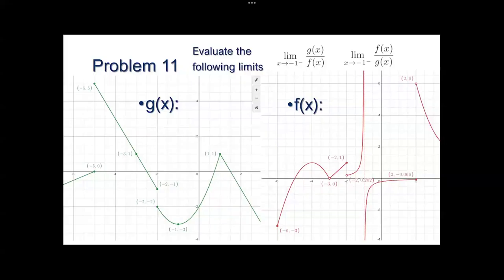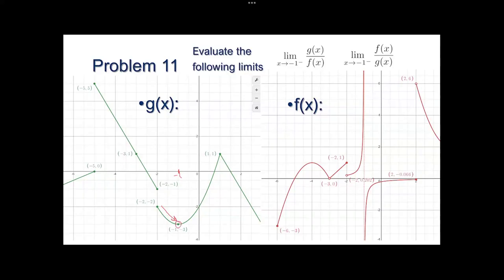So if we approach -1 going from the left, -1 is right here. So we're gonna approach it coming from the left, approaches -1, and if you look right here, we have a -3 right there.